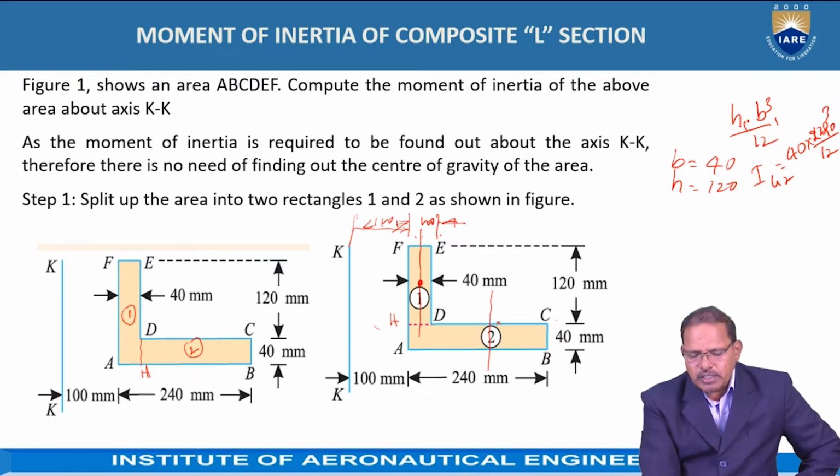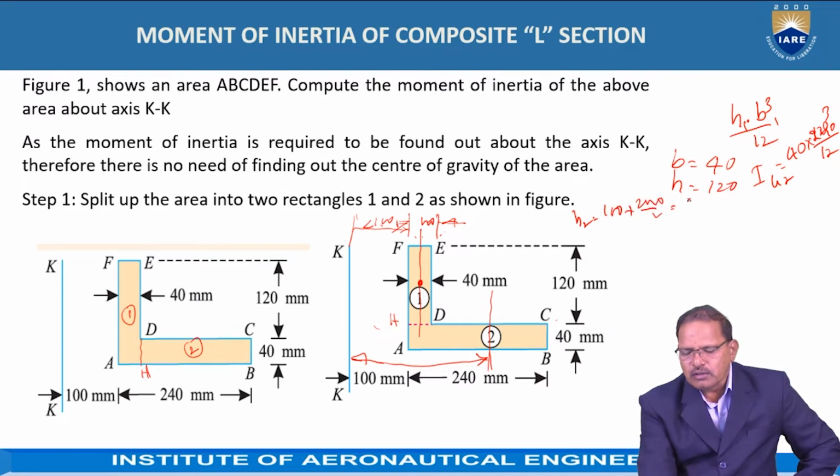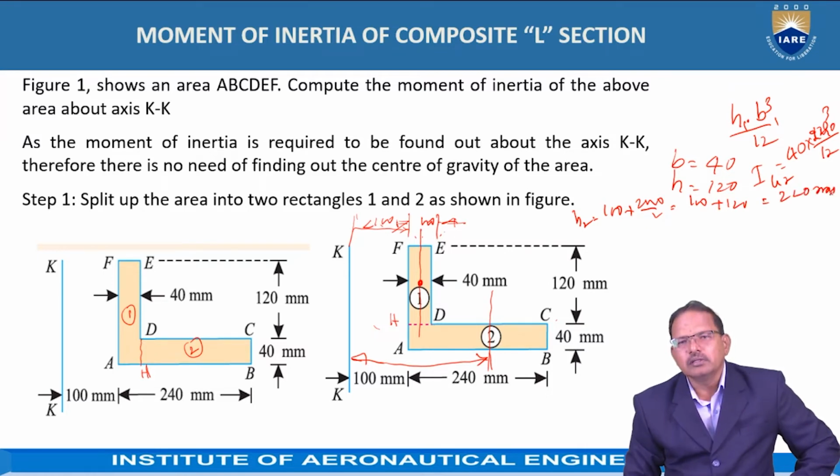Now the distance between KK and the axis which is passing through the center of the second section, that is H2, is equal to 100 plus 240 by 2, it is equal to 100 plus 120, it is equal to 220 mm. That is H2 is equal to 220 mm now.